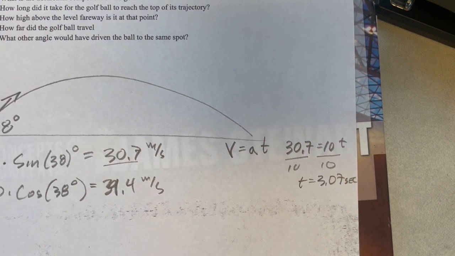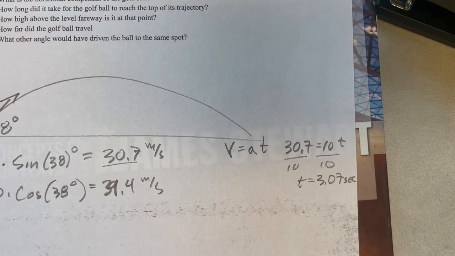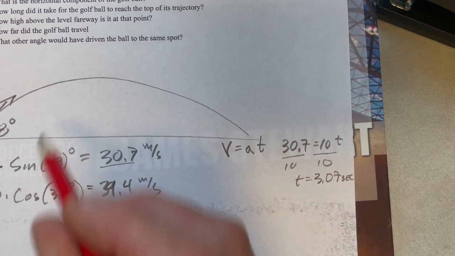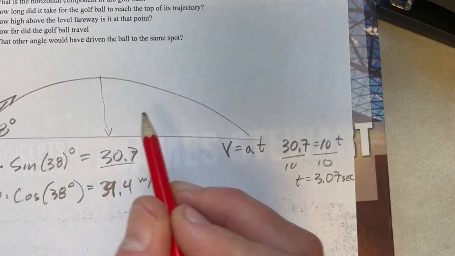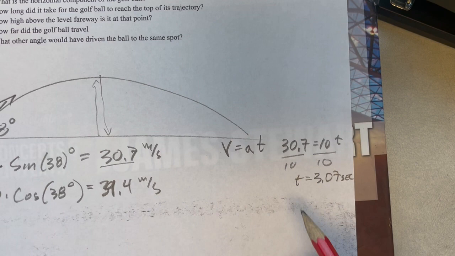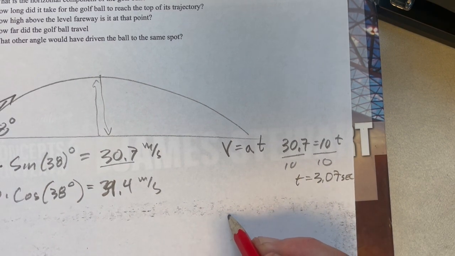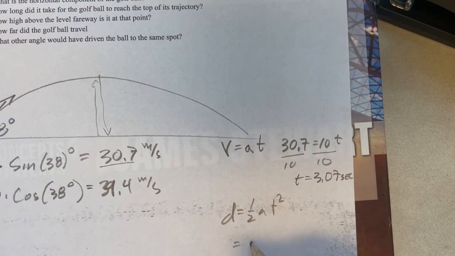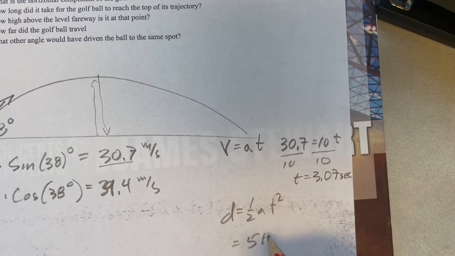That's part C. How high above the level fairway is it at that point? So again, if we know that something is at the top and falling down, that's the same as if it's at the bottom and in a sense going upwards, being resisted by gravity. So we can just do the distance is 1/2 at squared. So that's 1/2 of 10, for about the 15th time, is 5t squared.